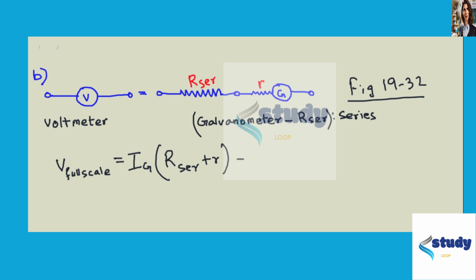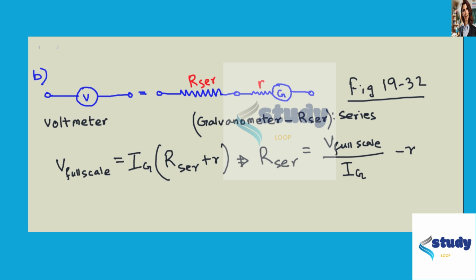So from there we'll try to find the external resistance that we need to put. So RSER is equal to V full scale over Ig minus r, right?